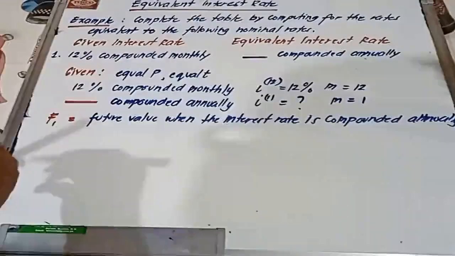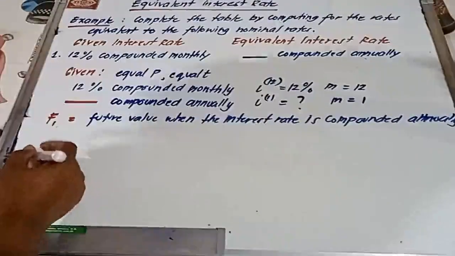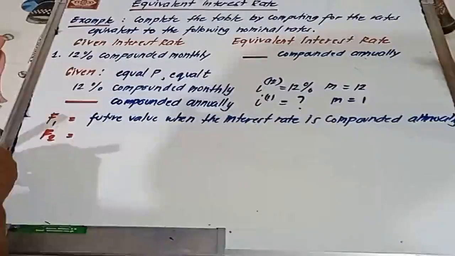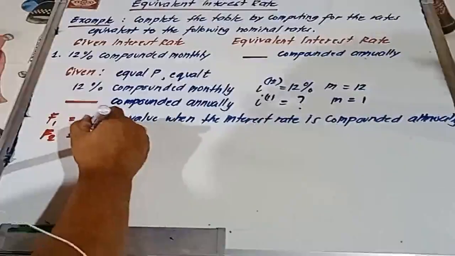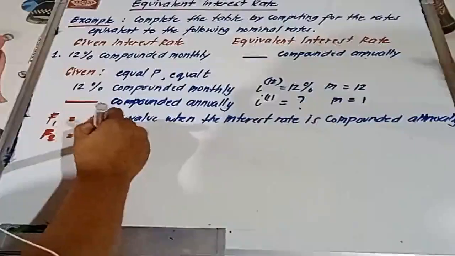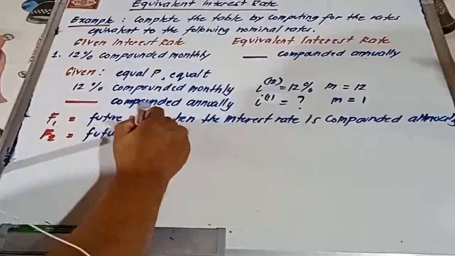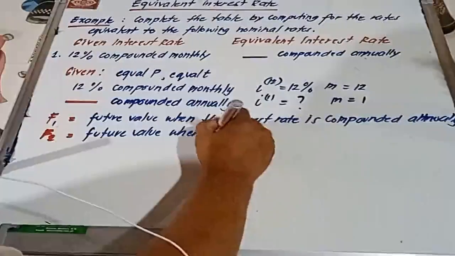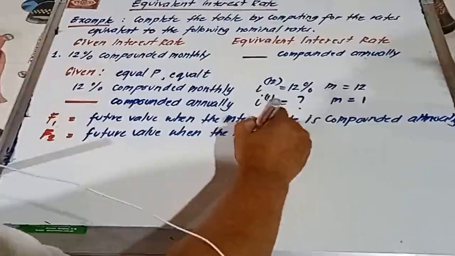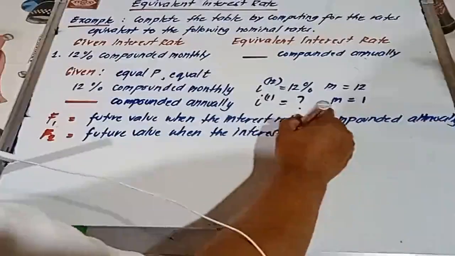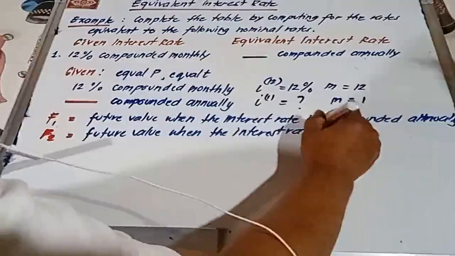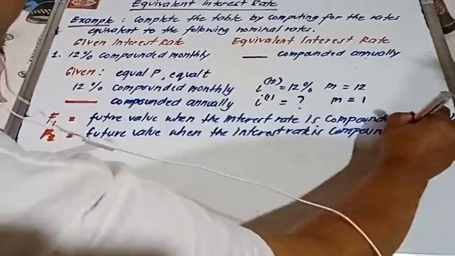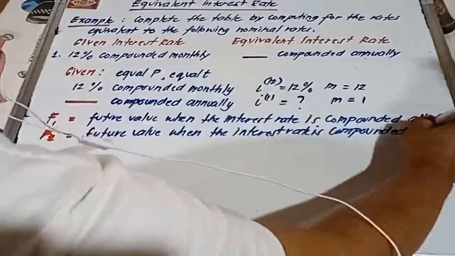Okay. At sabihin natin si F2, future value when the interest rate is compounded monthly. Okay.